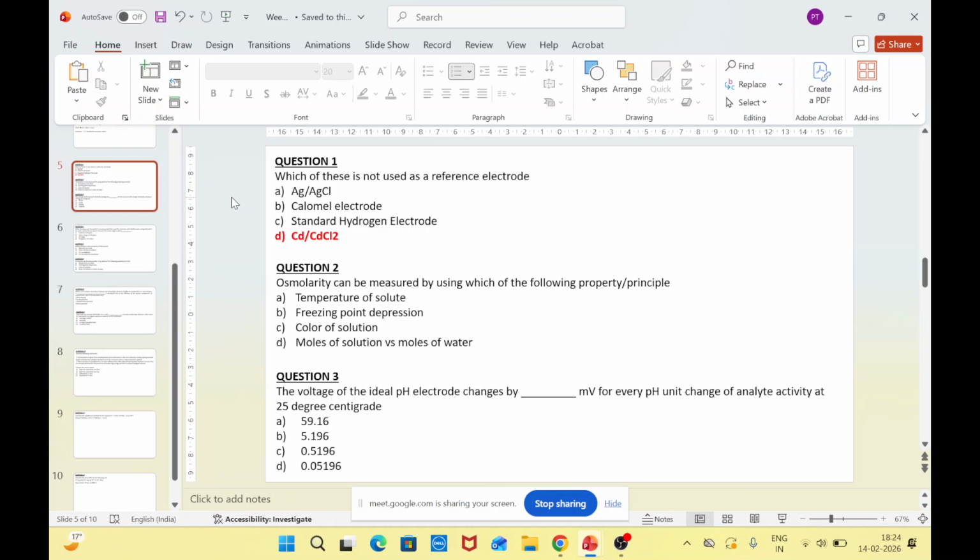Now let's come to question 2. Osmolarity can be measured by using which of the following properties or principles? Is it the temperature of the solute, or the freezing point depression, or the color of the solution, or the moles of solution versus moles of water?